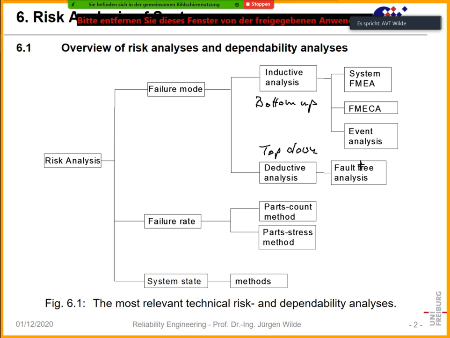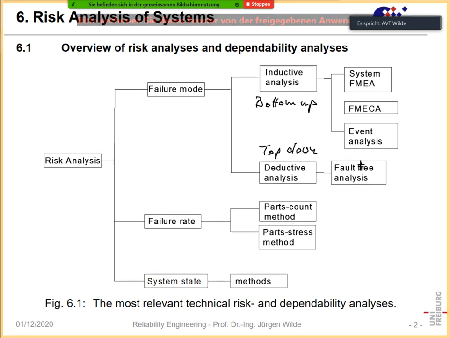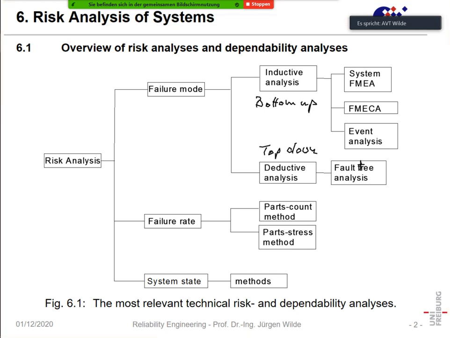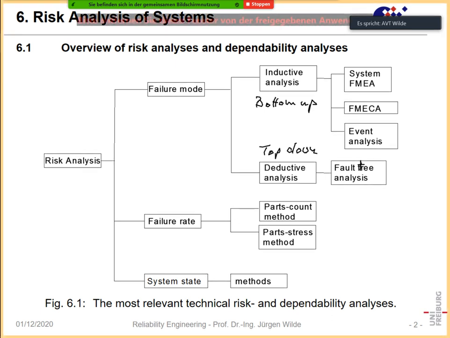Then we have the failure rate, so we have the so-called parts count and parts stress method. Parts count method just means you have a part which has a failure rate of, let's say, 100 FIT, and another part which has 200 FIT, and you just sum up all of the failure rates of all devices, and so you get a total failure rate.